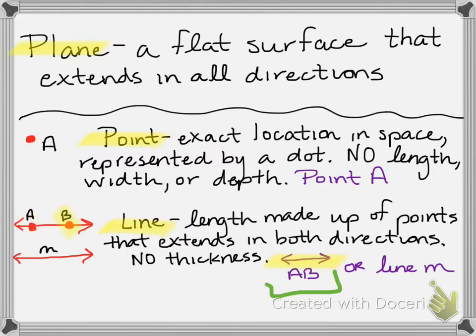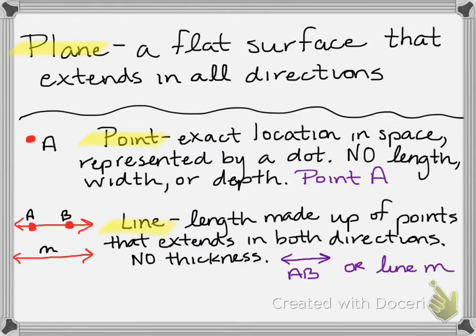The next one is the bottom, and that's whenever you're not given any points, but you're told that the line is called M. So the bottom one down here, you would call line M. You don't have any points, so you can't label it the same way you did the first one, but you do know that the line is called M. So it's line M.